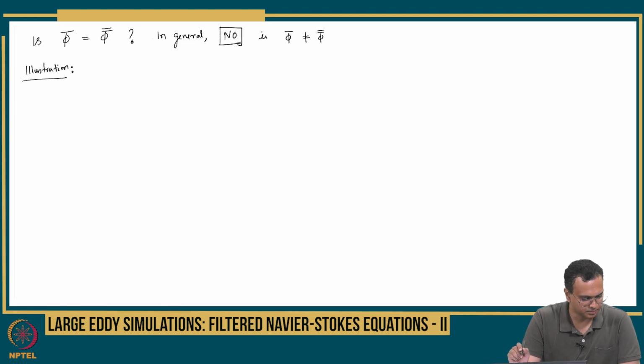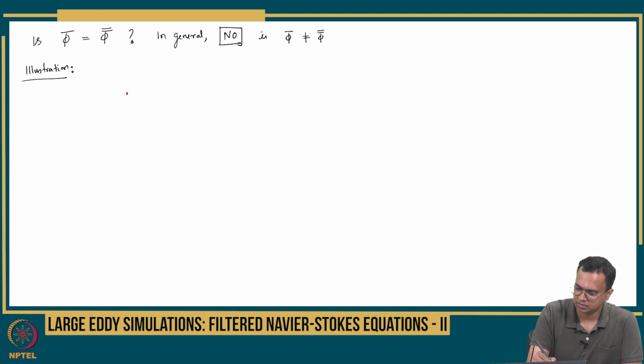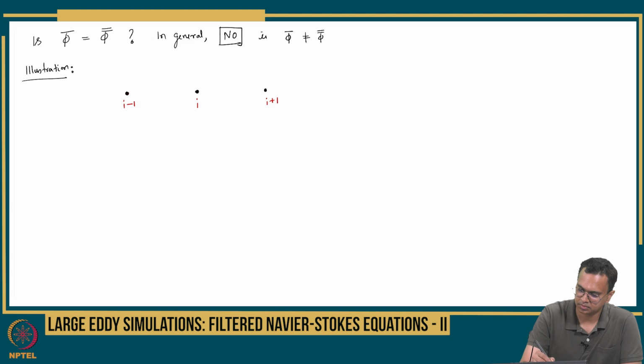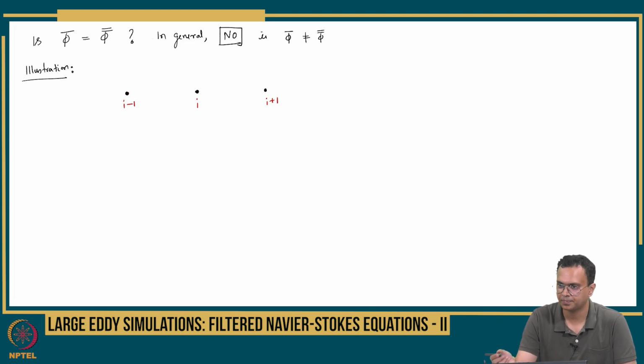Let's take data points like this. Let's say I have a mesh looking like this, with nodes I minus 1, I, and I plus 1. Three points here, data points.